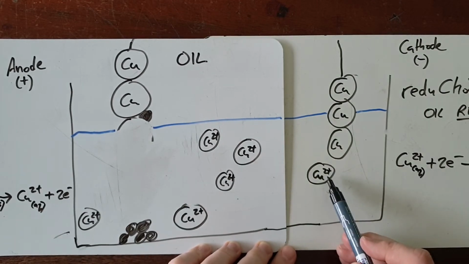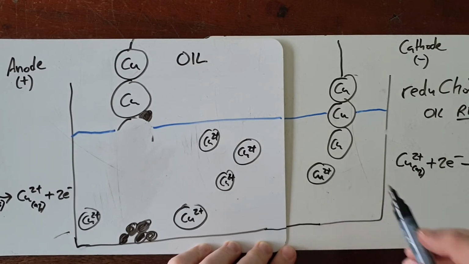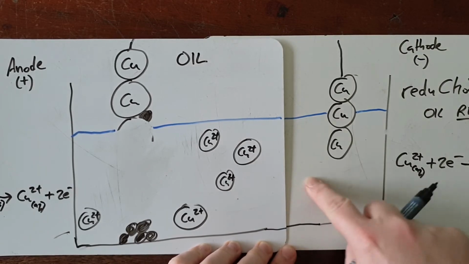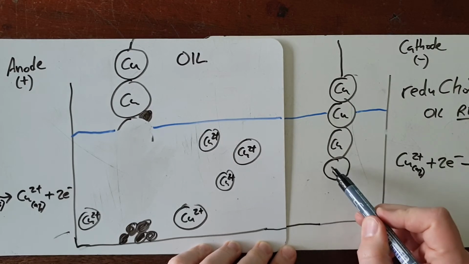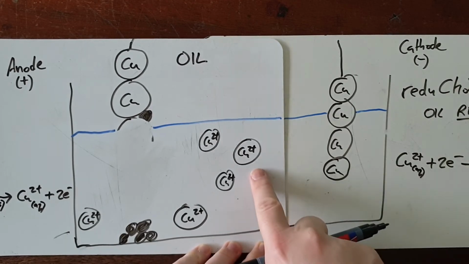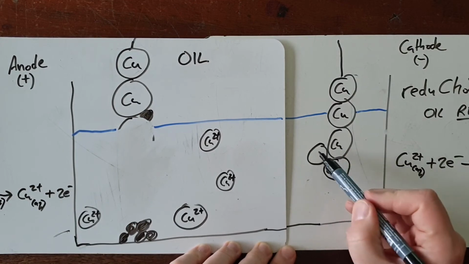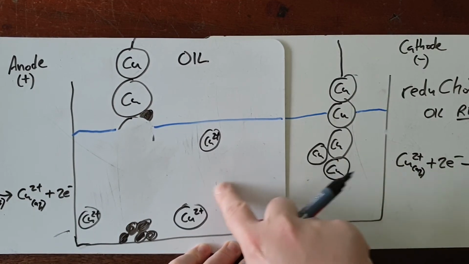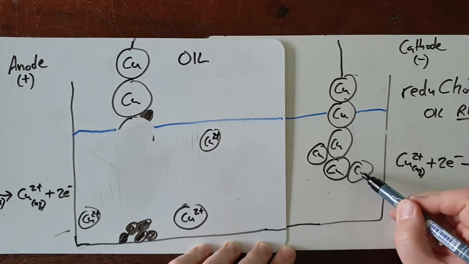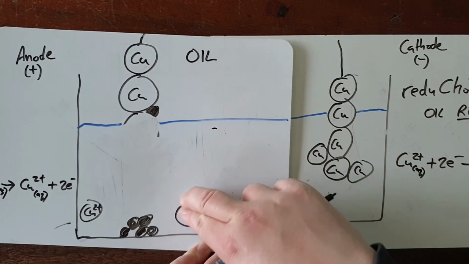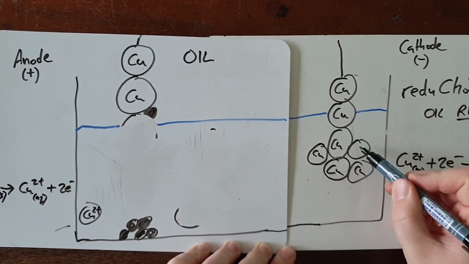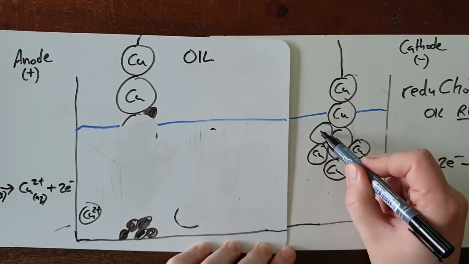And so this Cu2+ gains 2 electrons, it turns into copper, which means it joins on there. And then this one floats over here and does the same thing, turns into pure copper, Cu. And then that one's going to come over here and turn into Cu. And so will the others.